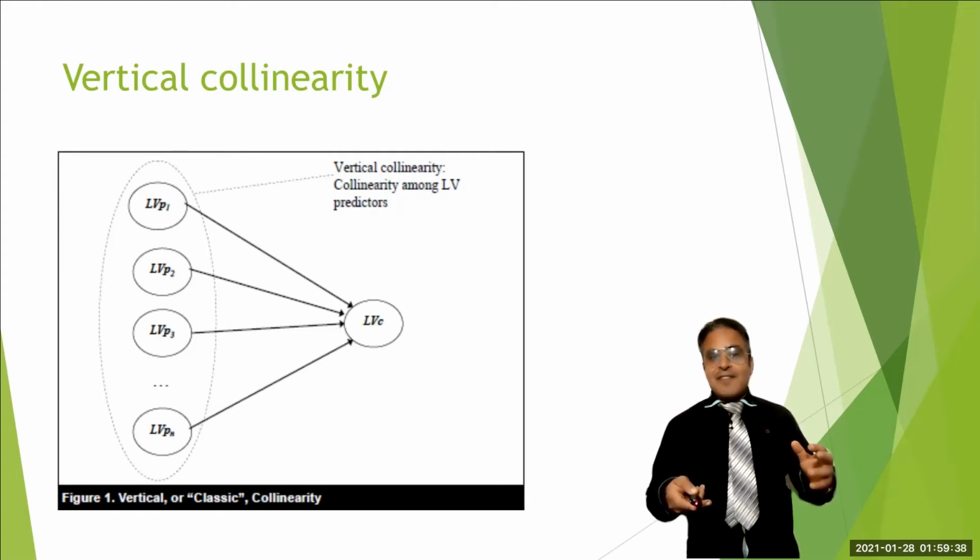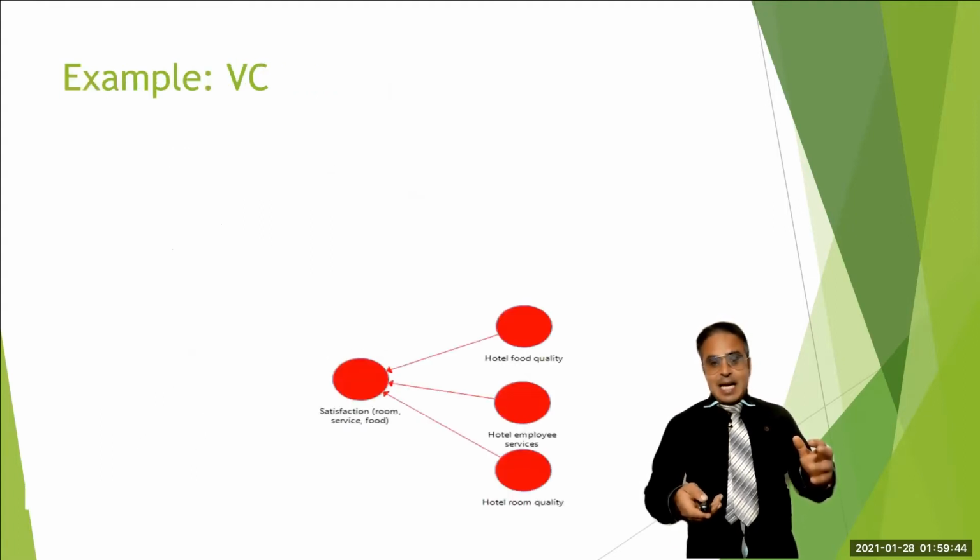We have to check for every single construct. This is an example here. We got the satisfaction that's being formed by 3 subconstructs here. We check between this and this, or this and this. We check vertically for vertical collinearity.